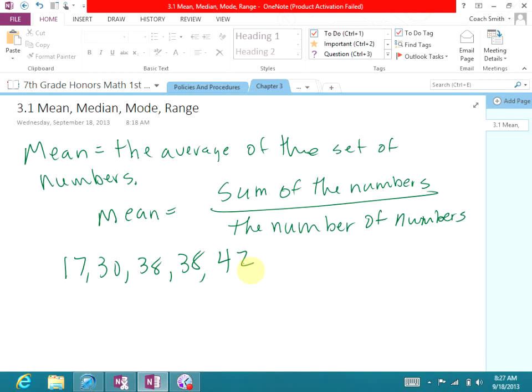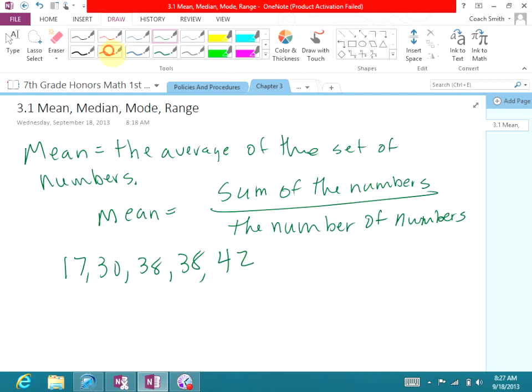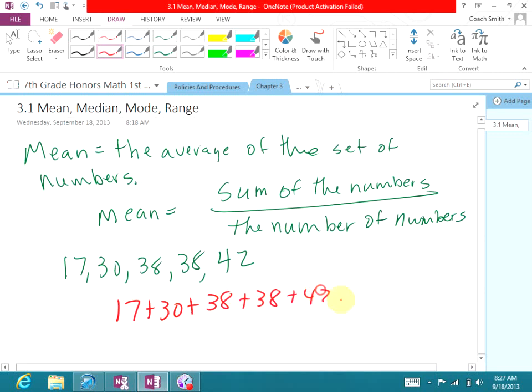Well, the mean is simply adding those numbers up and dividing it by the number of numbers. I've got 5 numbers there: 1, 2, 3, 4, 5. That's why we're dividing it by 5.